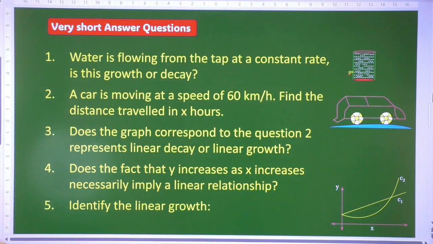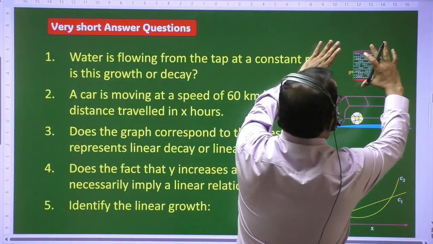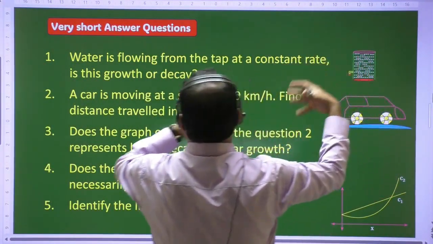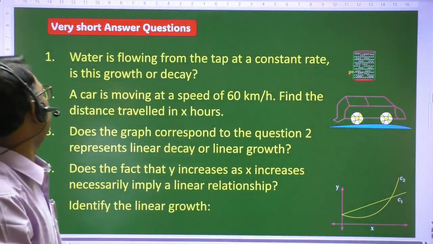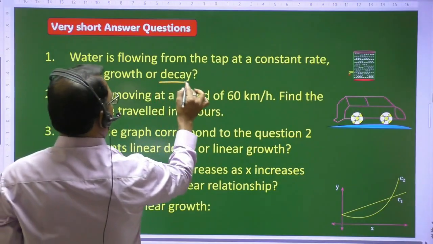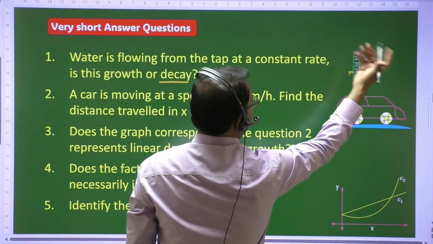Coming to this part, water is flowing from the tap at a constant rate. Is this growth or decay? You have some initial amount here. Now, at a certain rate the water is coming out, so you have a decay here. You can calculate it if the rate of water coming out from the tap is given.